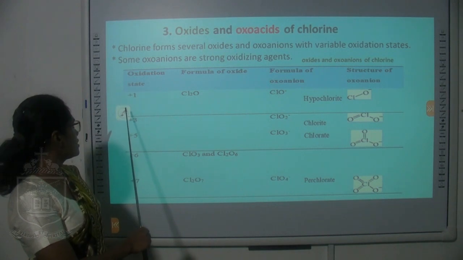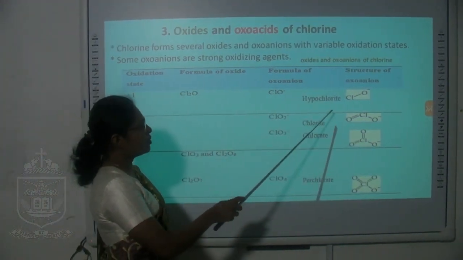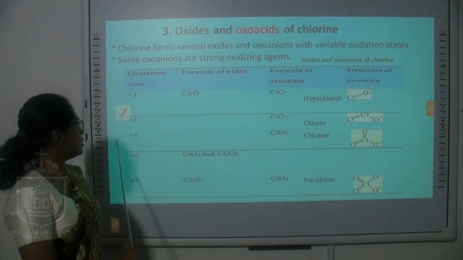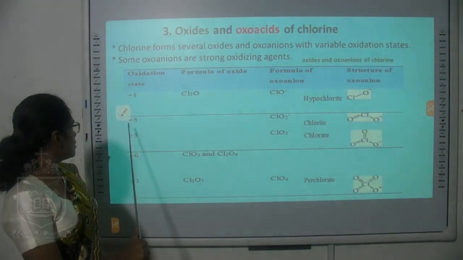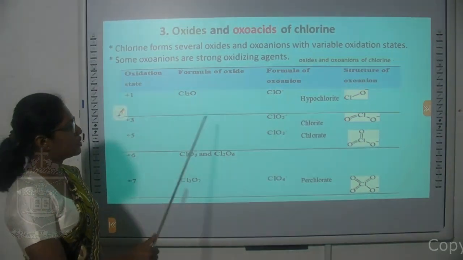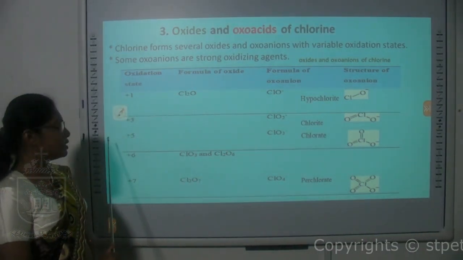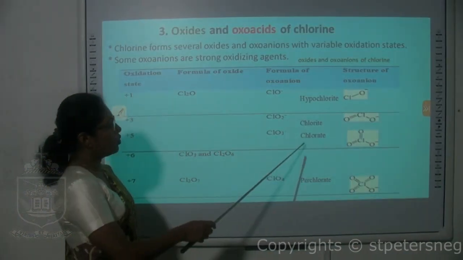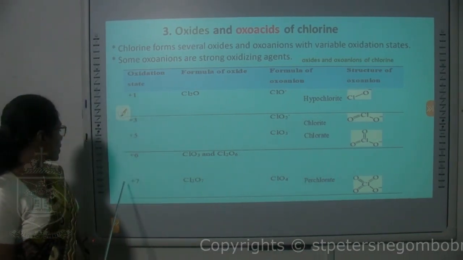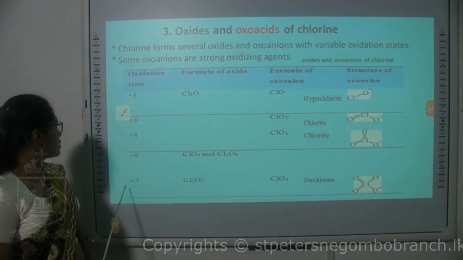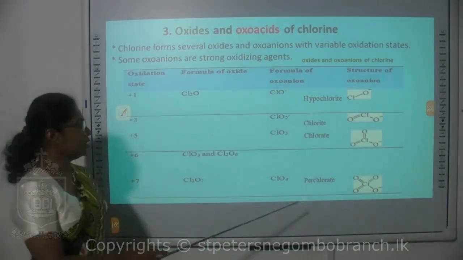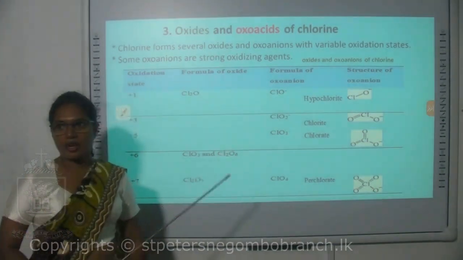+1 oxidation state shows in hypochlorite ion, +3 oxidation state shows in chlorite ion, +5 oxidation state shows in chlorate ion, and +7 oxidation state shows in perchlorate ion.